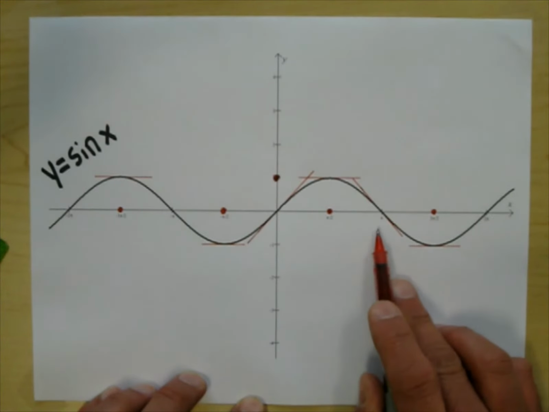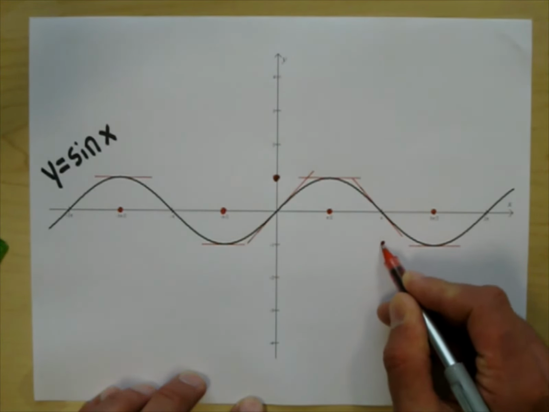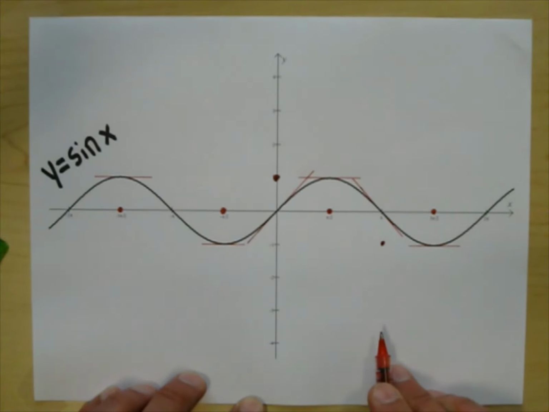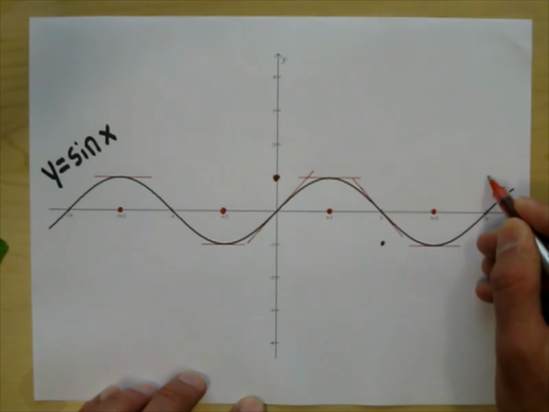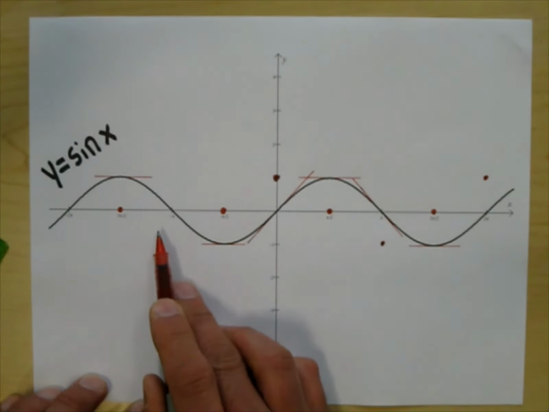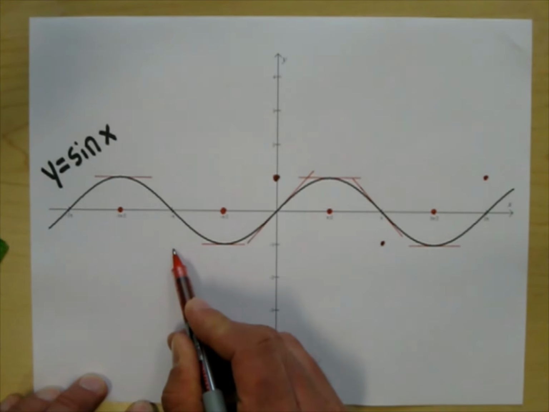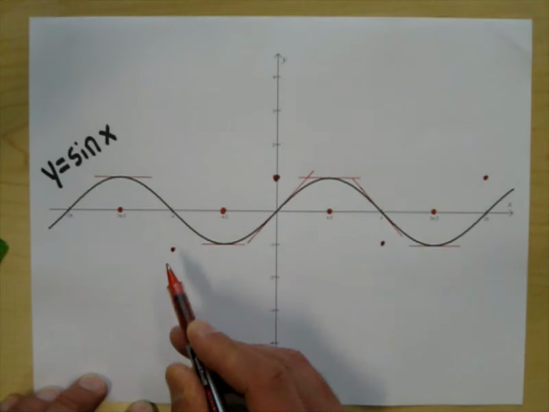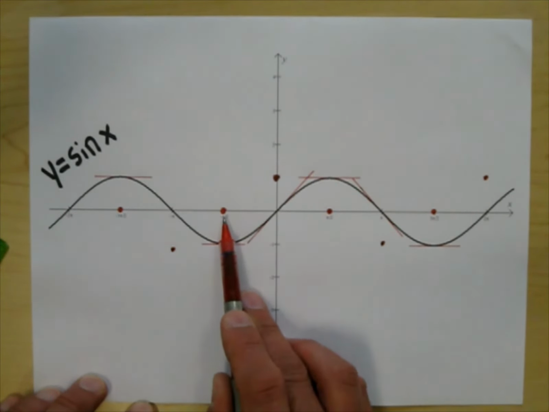So the slope at pi, I'm going to guess negative 1. The slope at 2 pi looks like it's going to be 1 again. And the slope at negative pi, we'll just guess negative 1. Look at these dots here.